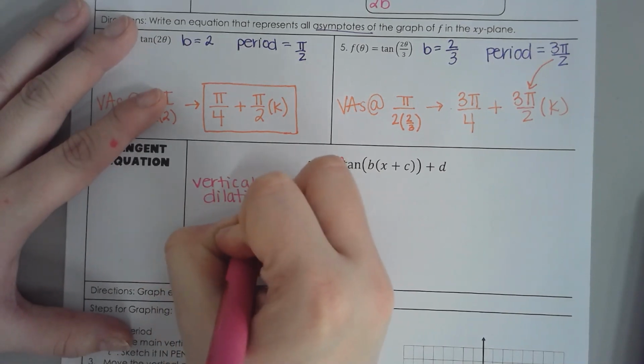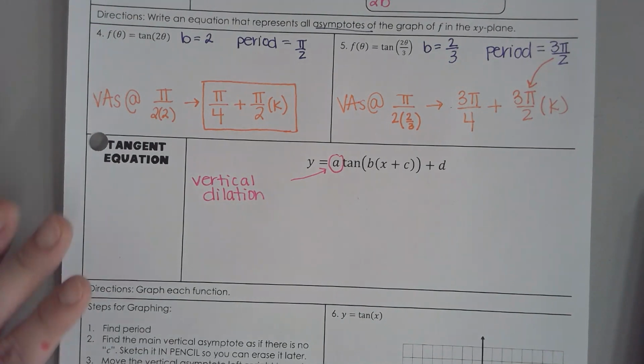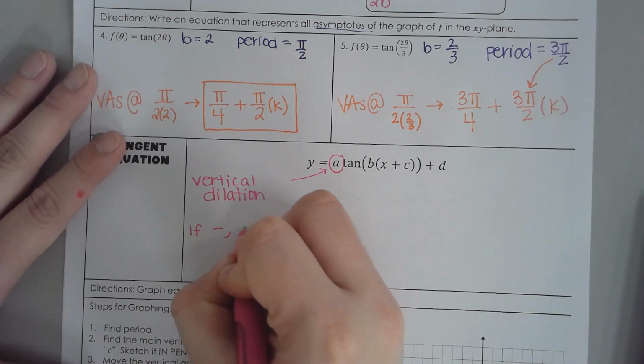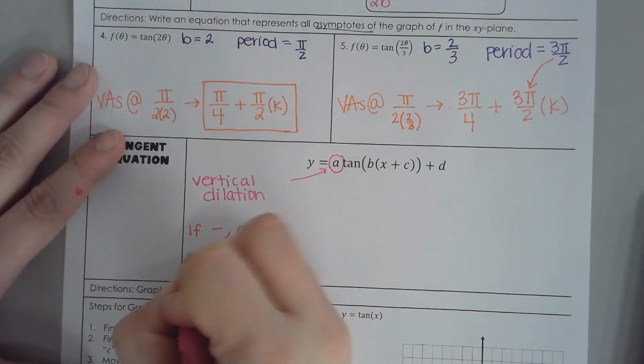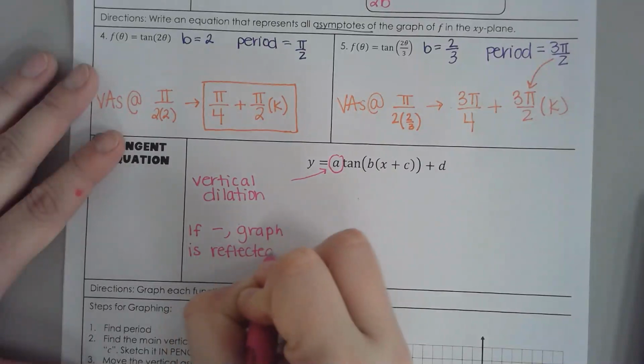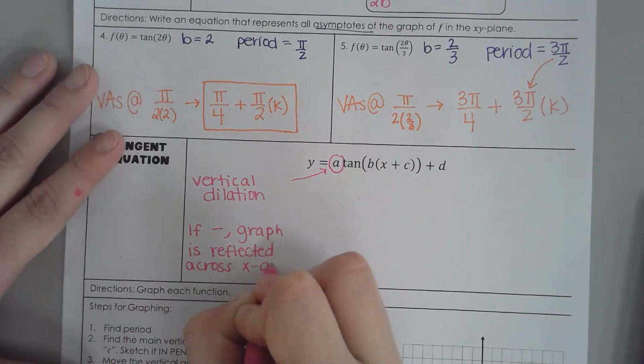We don't refer to it technically as the amplitude. If it's negative, the graph is reflected across the x-axis.